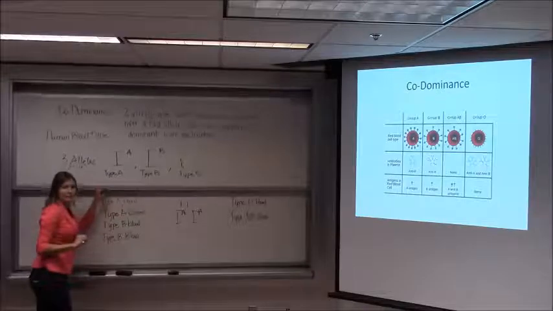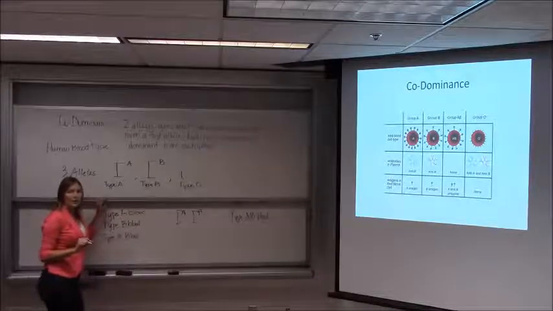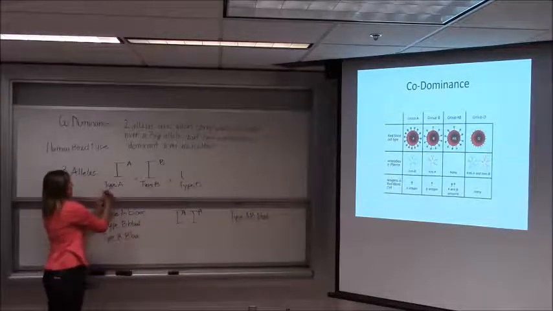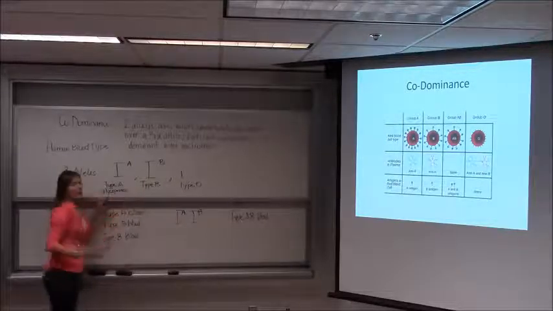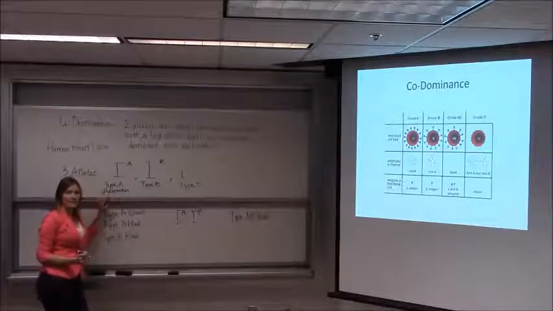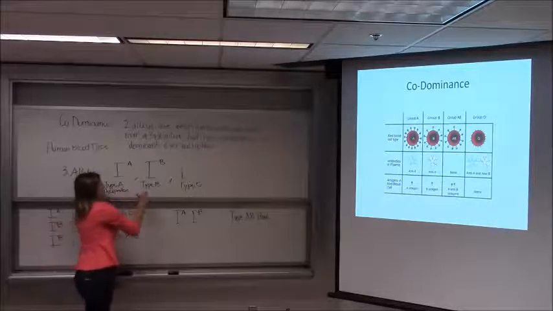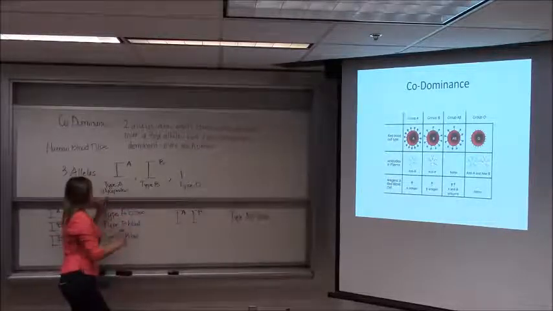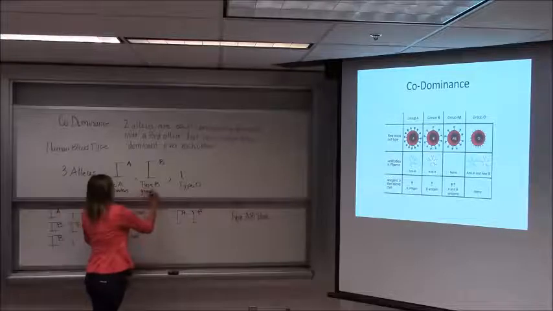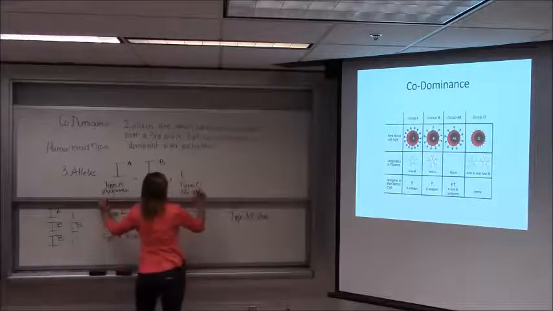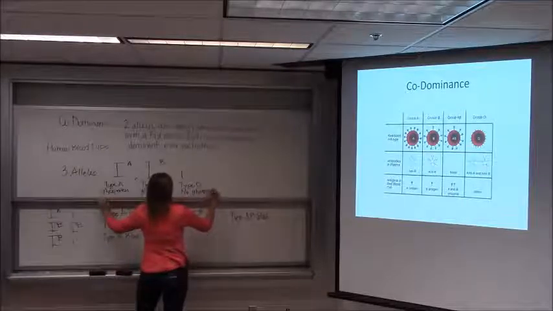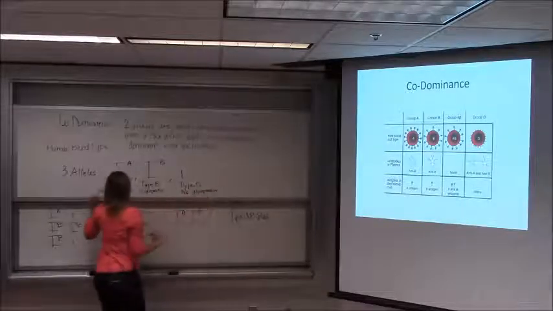Type A codes for a type A glycoprotein, a surface marker on your cell that is type A. Type B gene codes for a type B glycoprotein. Type O codes for no cell surface markers, no glycoproteins on the surface.